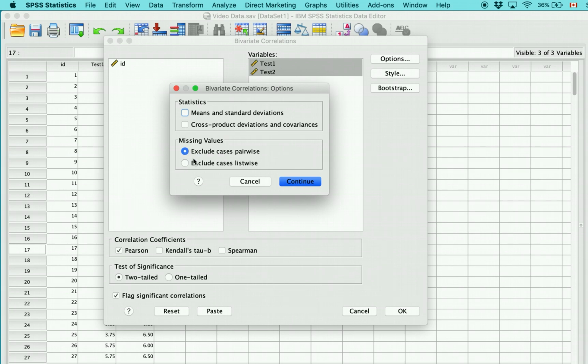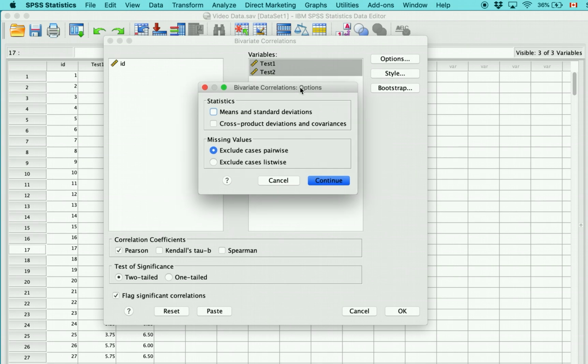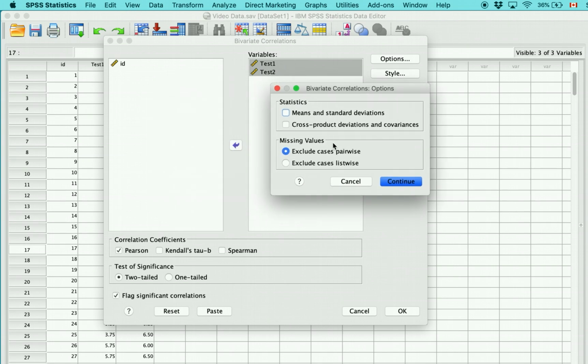And then you have the option of selecting whether missing variables should be excluded pairwise or listwise. So when you're only running one pair, this doesn't matter. But if you had a whole bunch of variables, if you do pairwise exclusion, it means that if someone's missing a data point on test one, but has all the other data, their data will be included in all the analyses it can be.